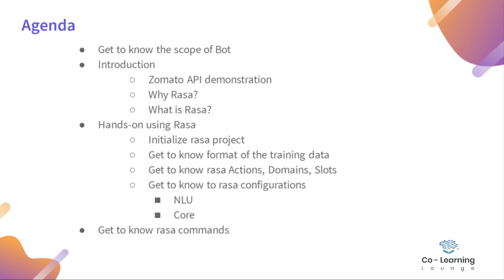Then we'll quickly look at the respective API on how to get the data, and then I'll tell you the things required to understand Rasa, and the things required to start your own project. At the end I'll show you the demo, and that's the overall agenda of today's session.